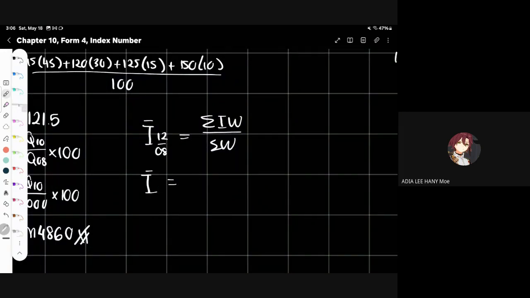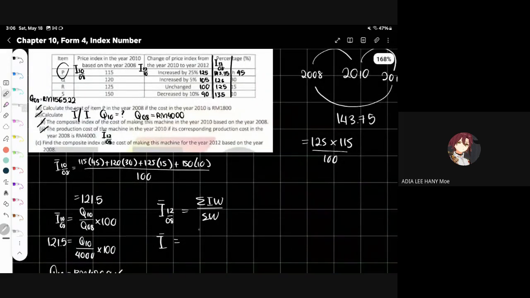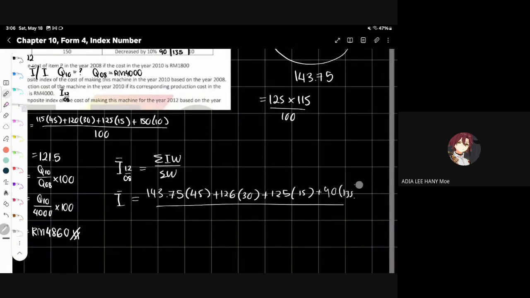So the first, I'm just going to zoom out. 143.75 times 45, plus 126 times 30, plus 125 times 15, plus 90 times 135. I know it's hard to see, but it's fine. Just use common sense. Just multiply all of this.